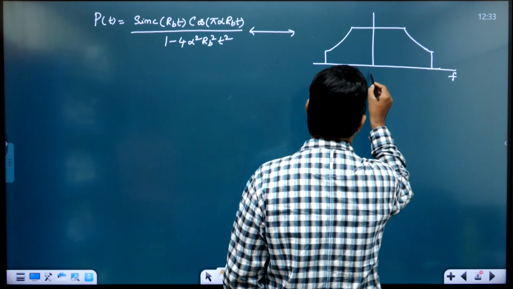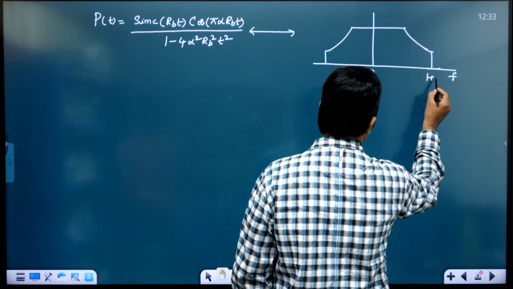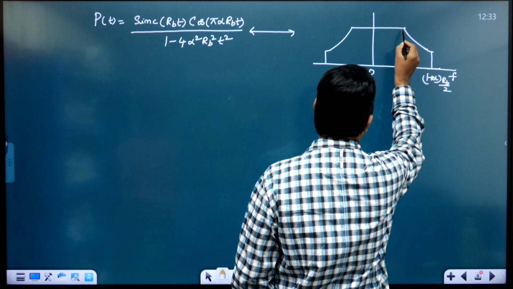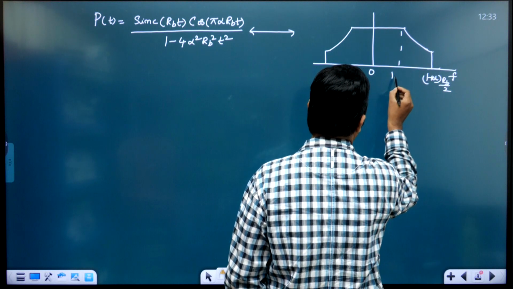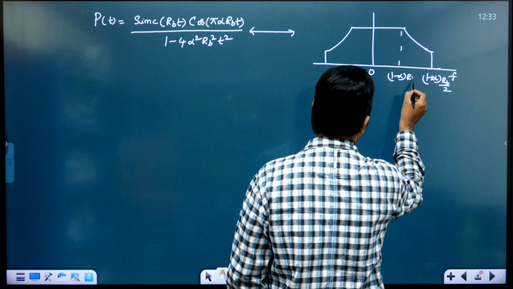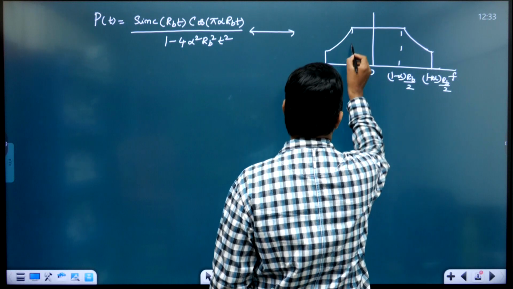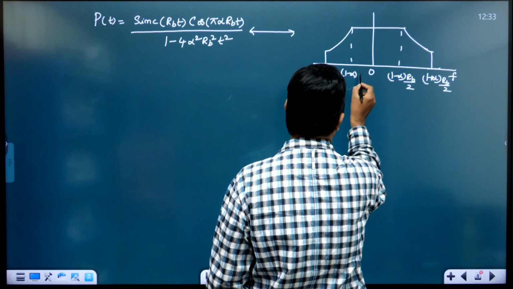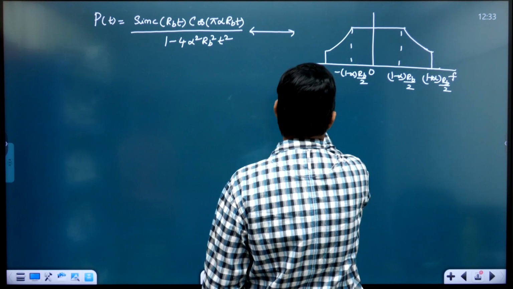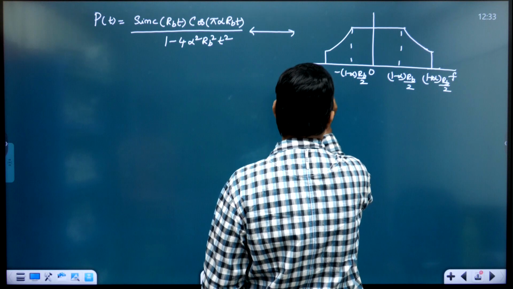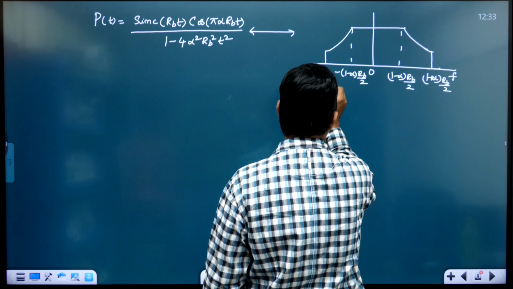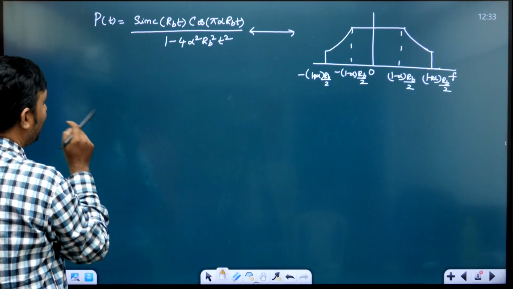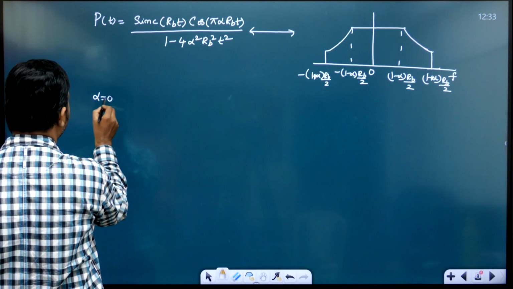This is (1 plus alpha) into RB by 2, this is (1 minus alpha) into RB by 2, and this is minus of (1 plus alpha) into RB by 2. Right? Now, what happens if alpha is equal to 0?